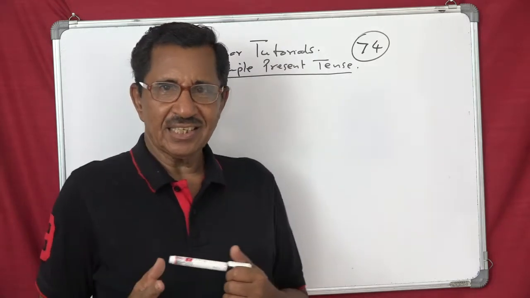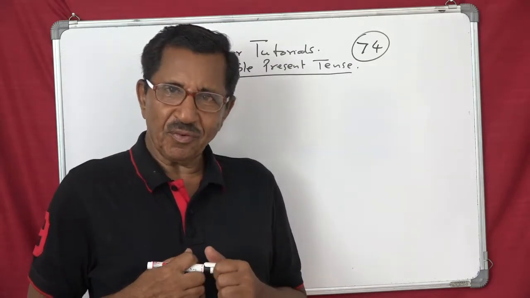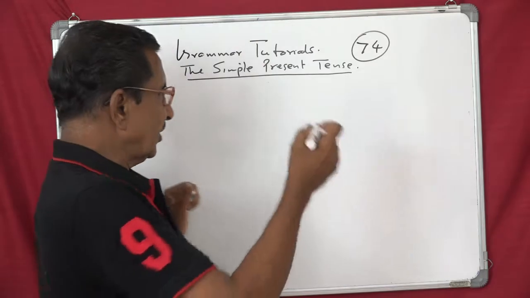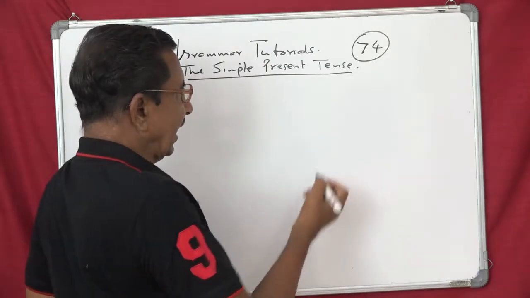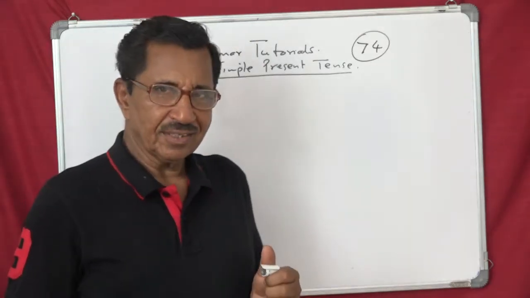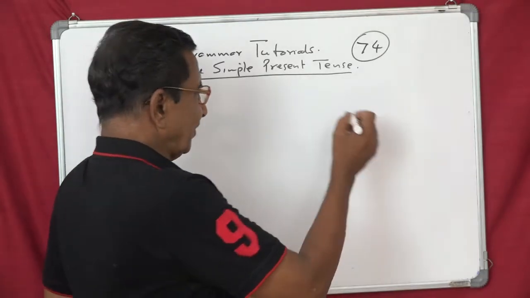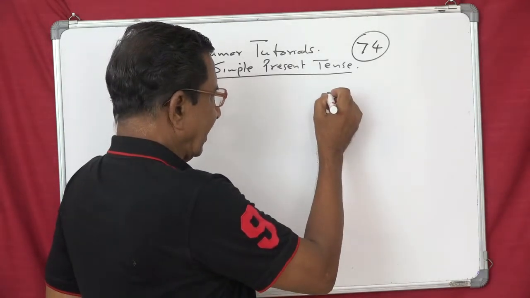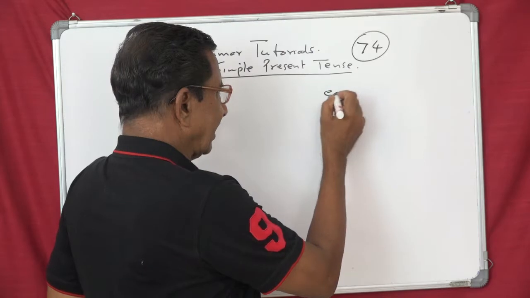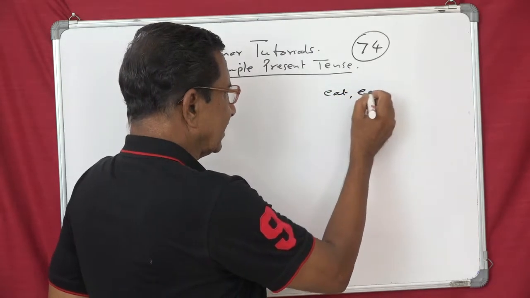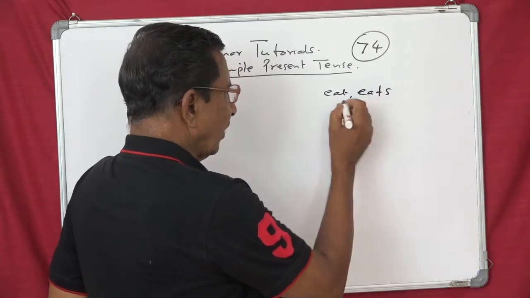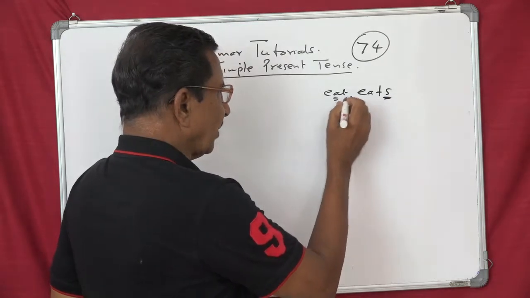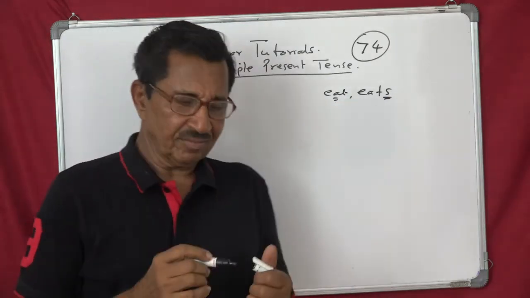First is the form of the tense. The simple present tense has only two forms. Say we take run, eat, and then eats. One with S and one without S. Only two forms.